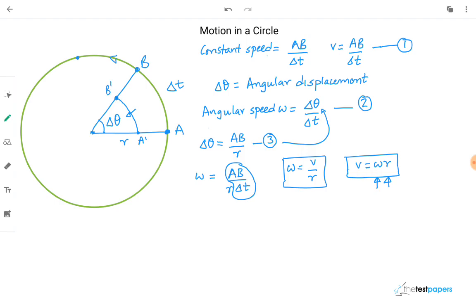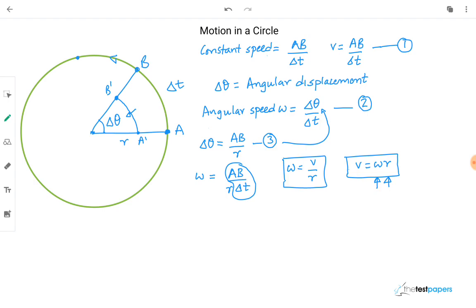So the distance covered is less in the same time, so its linear speed is going to be less, though its angular speed is same, because it has covered the same angle delta theta in delta t.